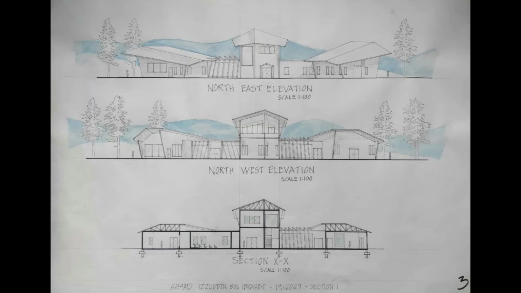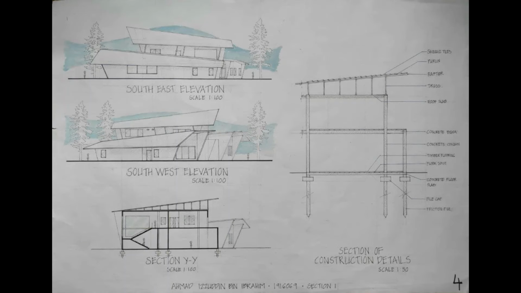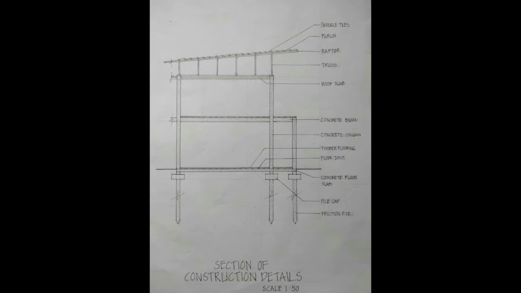So this is the northeast elevation, northwest elevation and also the section XX of the building. From this elevation, we can see the connection between the three separate parts of the building, which are connected by the pathway in between them. This is the southeast elevation, southwest elevation and also the section YY of the building.